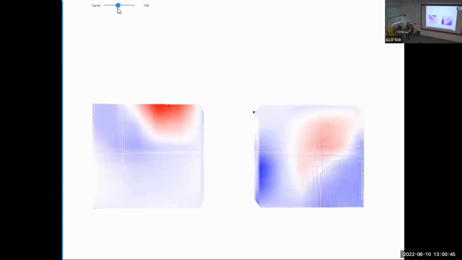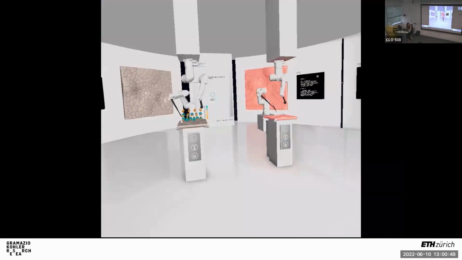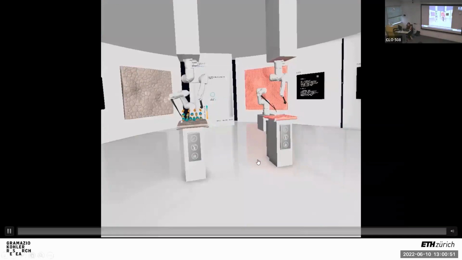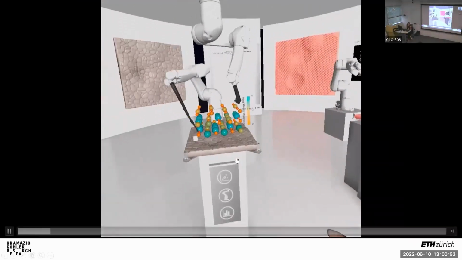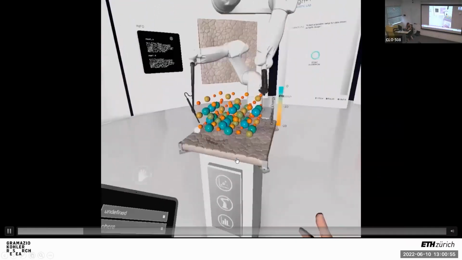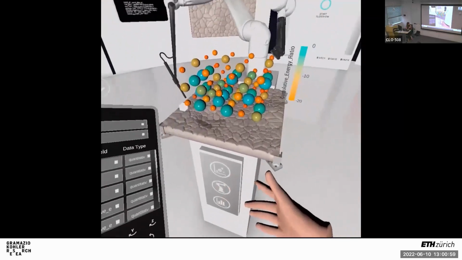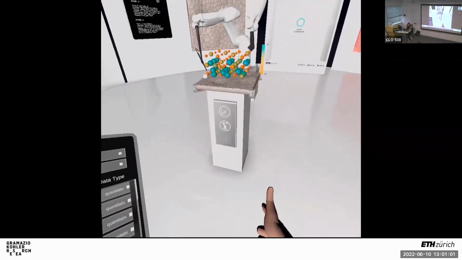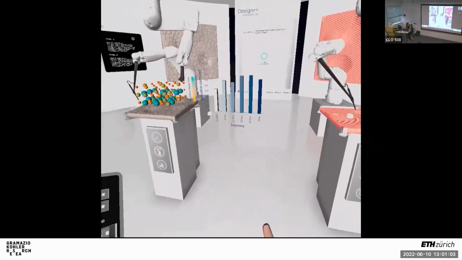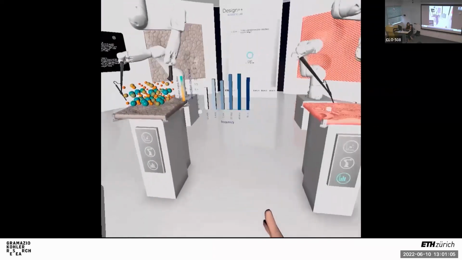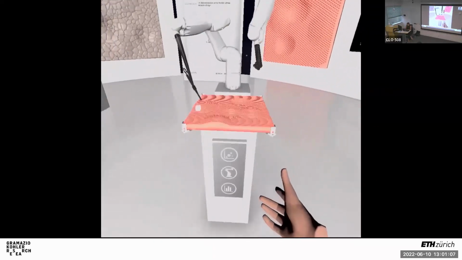For example, here's an interactive 3D visualization with a time slider on top. We also tested visualizing the data in VR, which allows you to get a better understanding, of course, if you relate yourself to the data one-to-one, and especially if you can interact and change different representation modes.